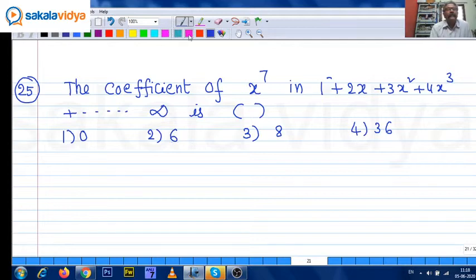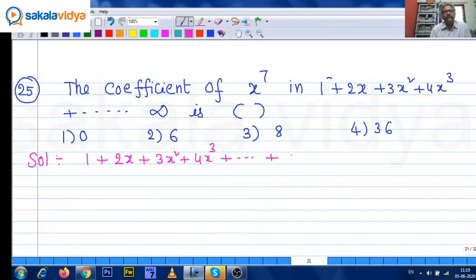If you observe the problem, 1 plus 2x plus 3x square plus 4x cube, and so on to infinity, is the expansion of (1 minus x) whole to the power of minus 2. In general, 1 plus 2x plus 3x square plus 4x cube plus and so on plus (r plus 1) x to the power of r, to infinity, is equal to the expansion of (1 minus x) to the power of minus 2.